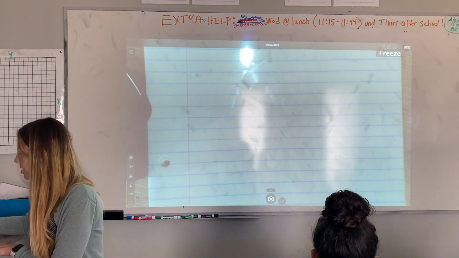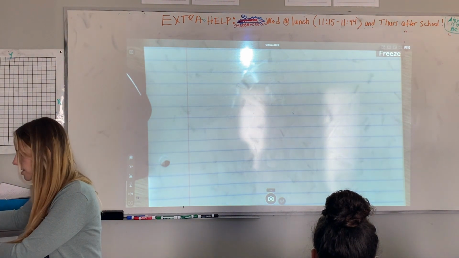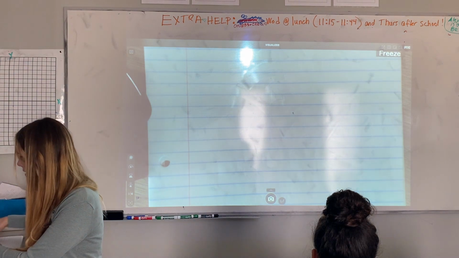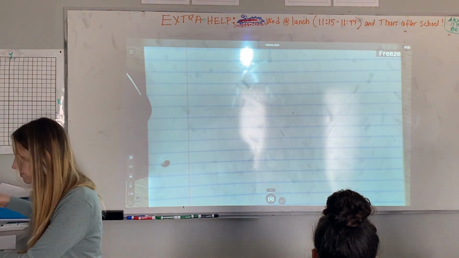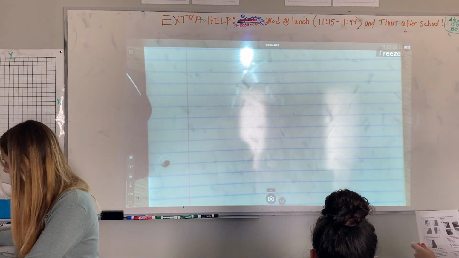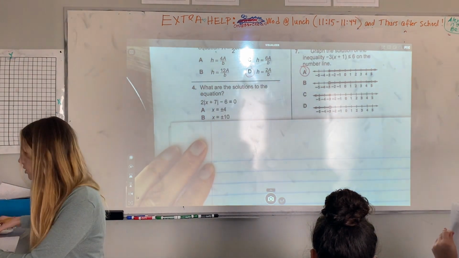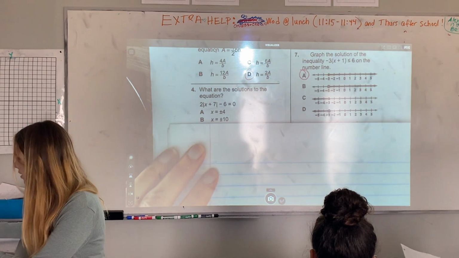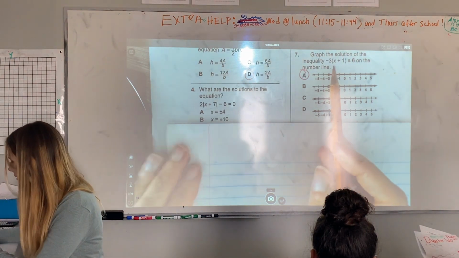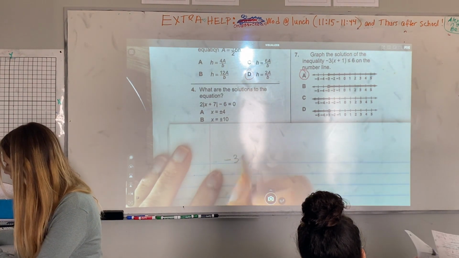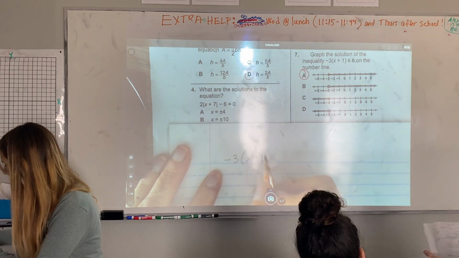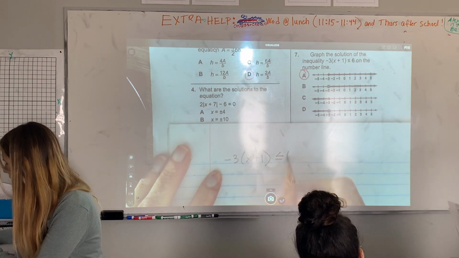So it's really important to solve for x and not just go by the symbol, okay? I'm going to write this equation down and show all of my work. It's frozen. Oh, that whole time I thought it was on there. Okay, so I have: graph the solution of the inequality, -3 times x plus 1 is less than or equal to 6.